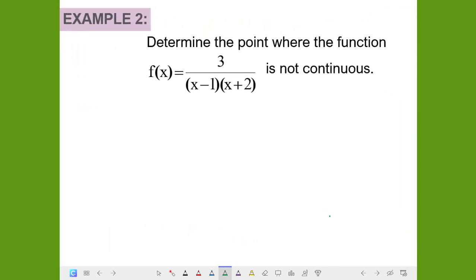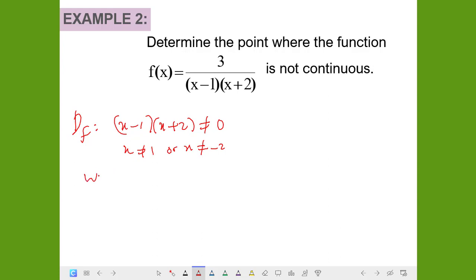So example 2: determine the points where the given function f(x) is not continuous. First, you need to find the domain of f. The denominator cannot be 0, so x is not equal to 1 and x is not equal to negative 2.